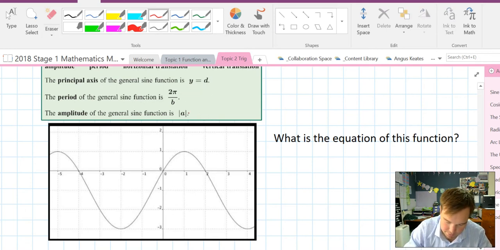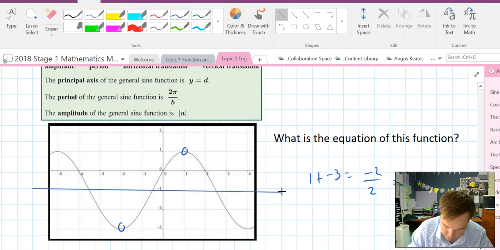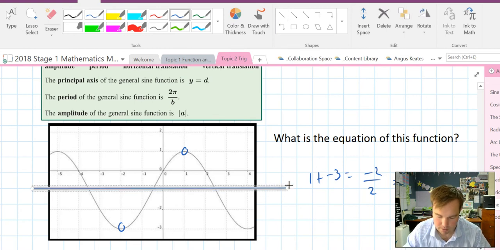Principal axis D you find by doing max plus min divided by 2. If we have 1 and minus 3, 1 plus minus 3 is minus 2, divided by 2 is minus 1. The halfway point of this line is going to be through minus 1. So that is the principal axis.